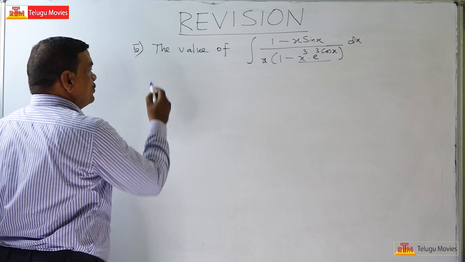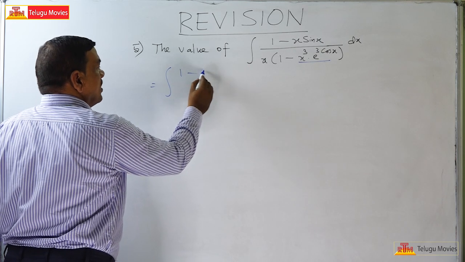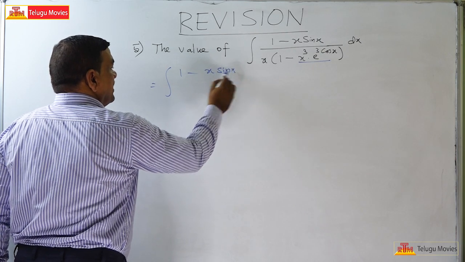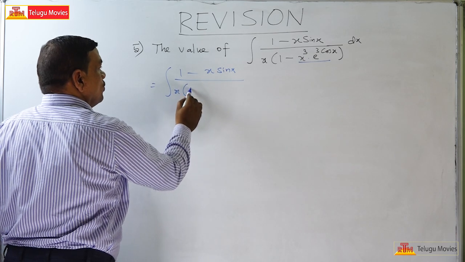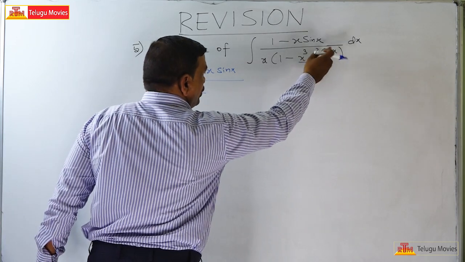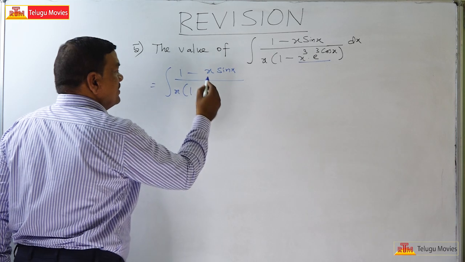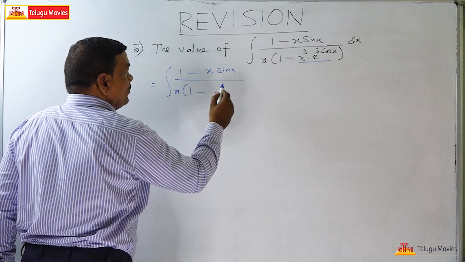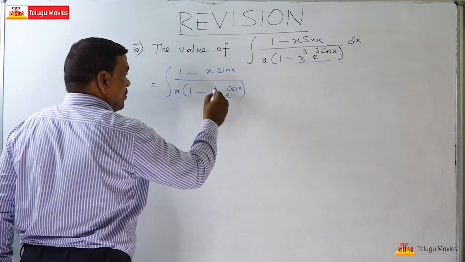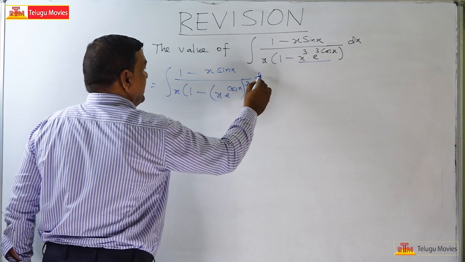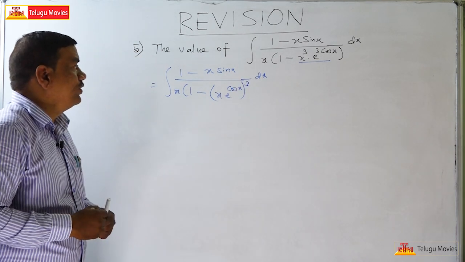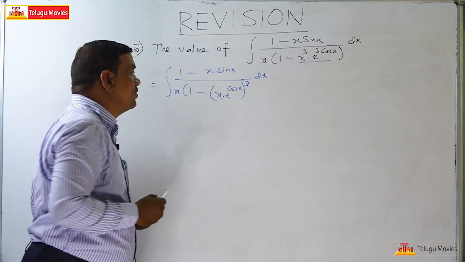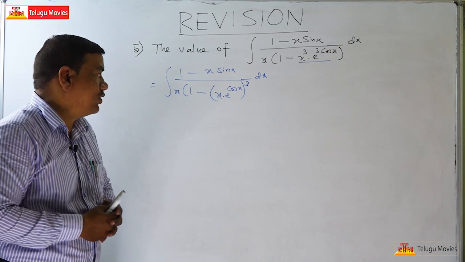That is equal to the integral of 1 minus x sin x by x into 1 minus x cube e cube, and that means we can write x into e power cos x whole cube dx. x into e power cos x whole cube. Can I write that down? Yes, we can.